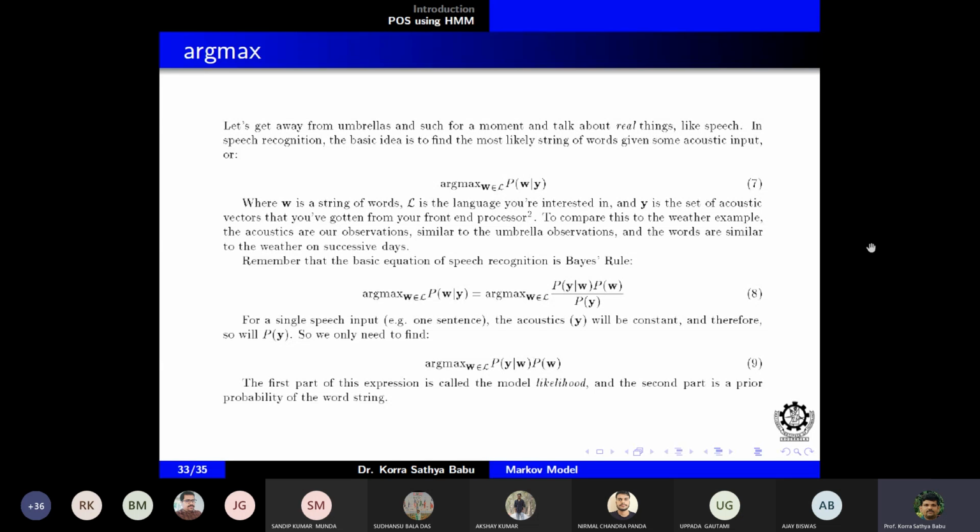Suppose I am interested to find out who is the president of, or Sachin, who is the best batsman, something like that. When you are typing something, some words are being recommended. How do we recommend that? That is the same problem here. So in speech recognition, the basic idea is to find the most likely string of words given some acoustic input.